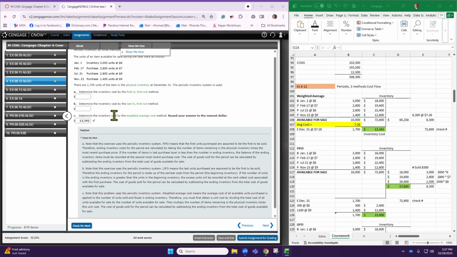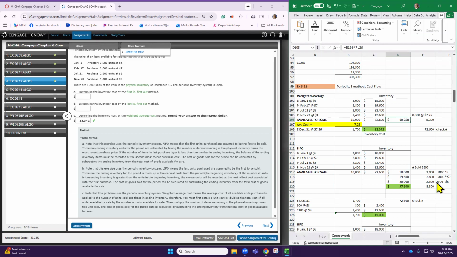This is the ending inventory. If they just would have put ending inventory, that would have been really nice. So what they want is what I have here in green, $12,342. The point of doing all this inventory is to know how much is in inventory so we can report it on the balance sheet.